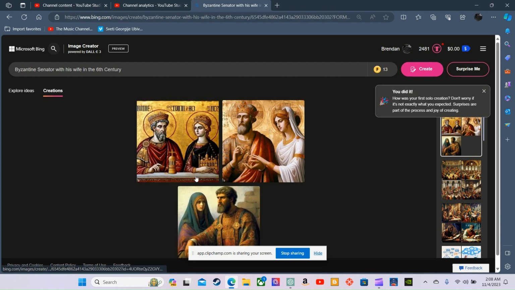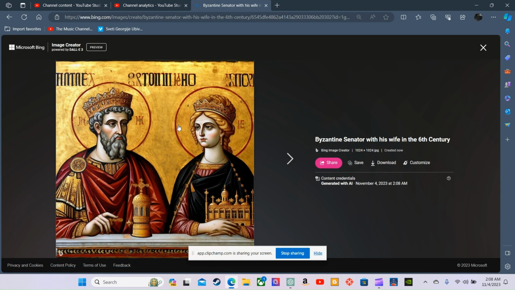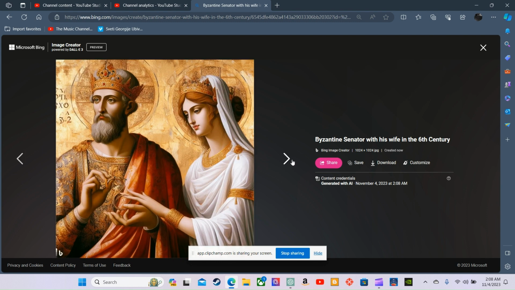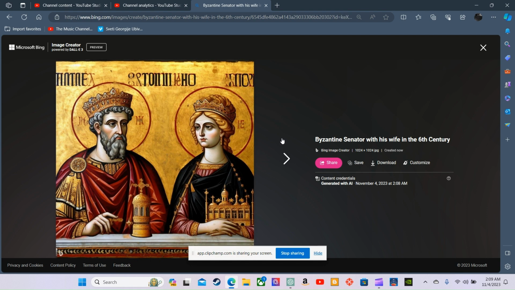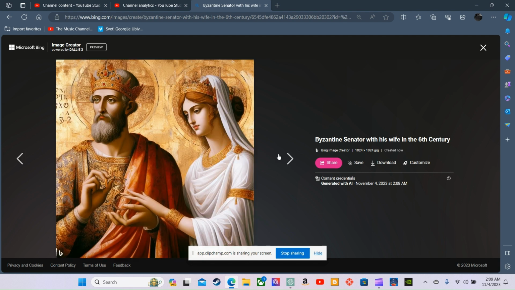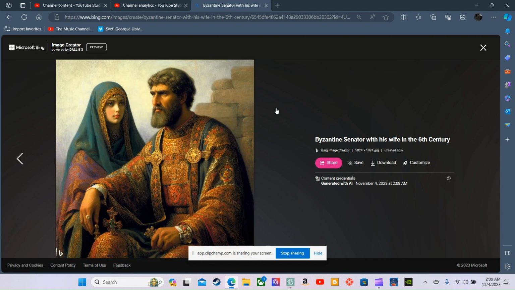Once again, it is a mixed bag. One of the things that the AI is excellent at doing is creating Byzantine-like mosaics. But unfortunately, it still is not able to give me really an image of what these people would have looked like in the 6th century. Maybe the closest one that we have here is this third image here.